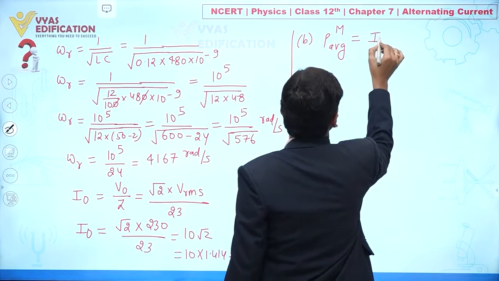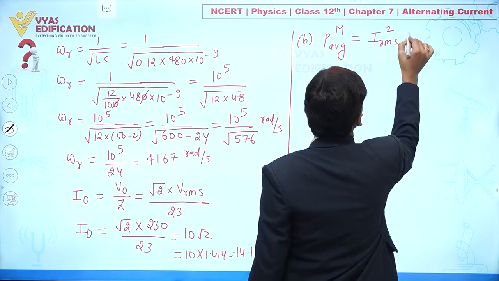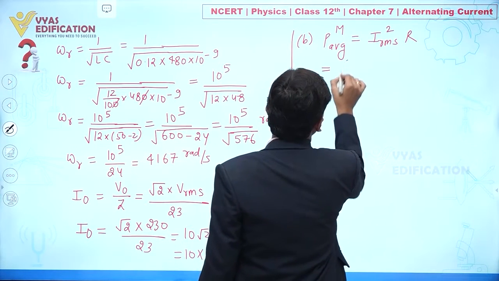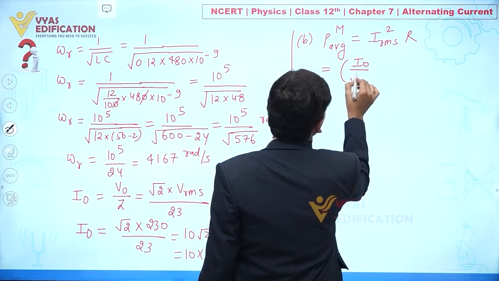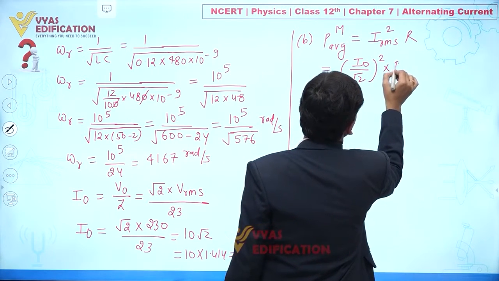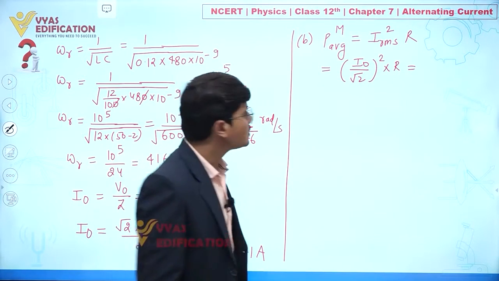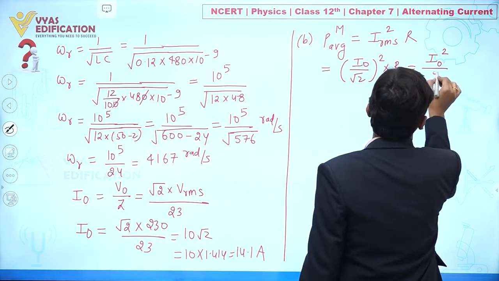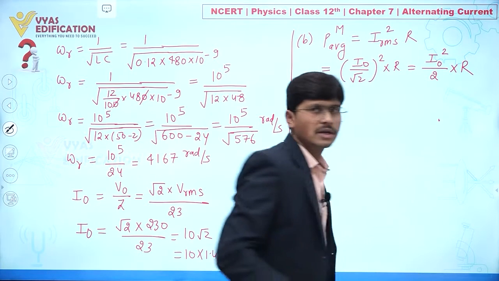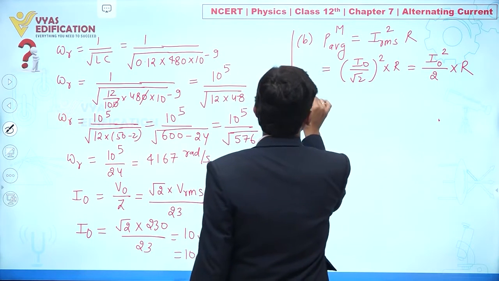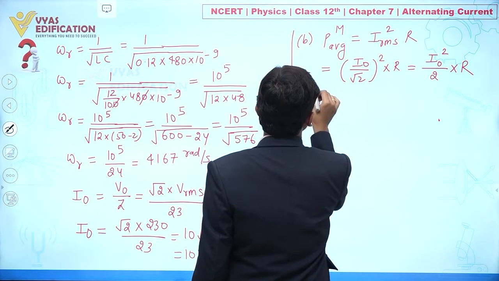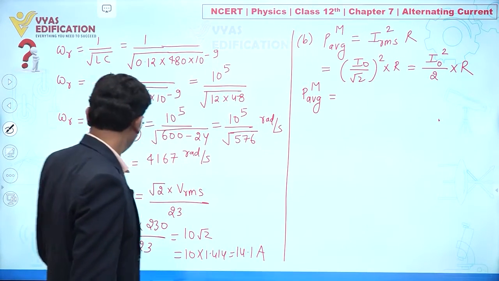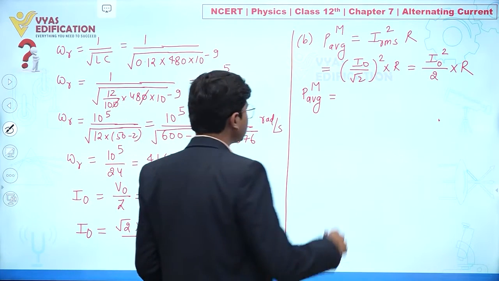This is given by Irms square multiplied with R. Irms is I naught divided by under root 2, whole square, multiplied with R. So this is I naught square divided by 2 multiplied with R. The I naught value we have is 14.1, or 10 root 2.